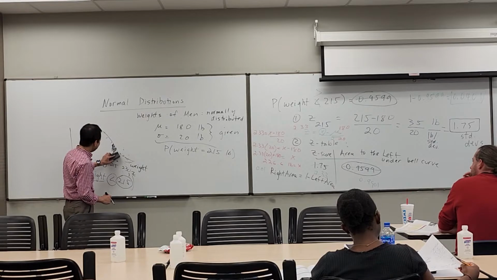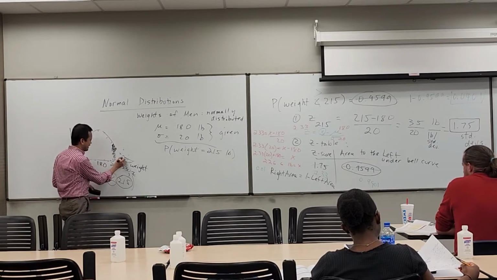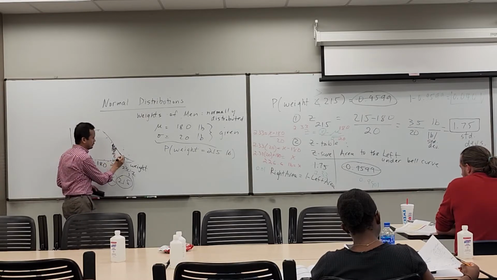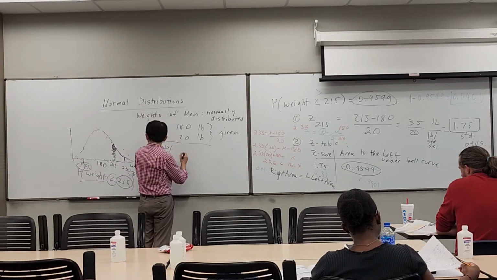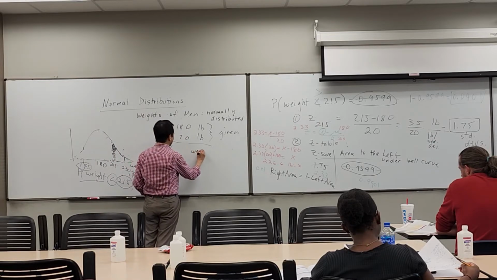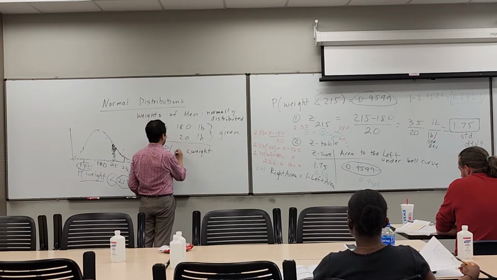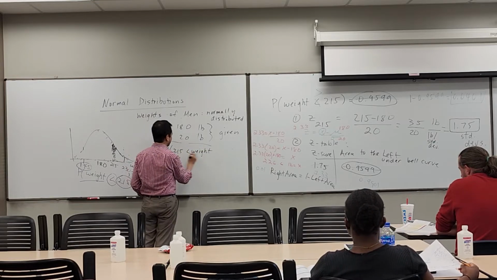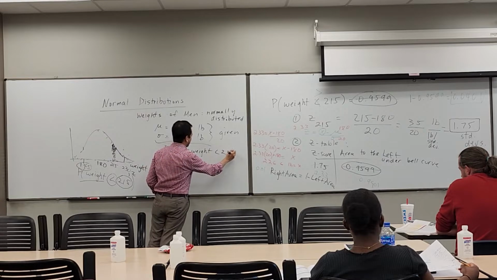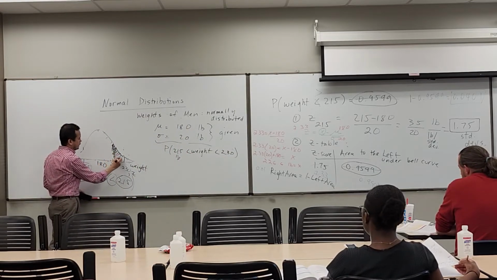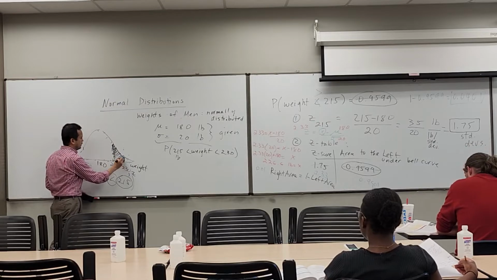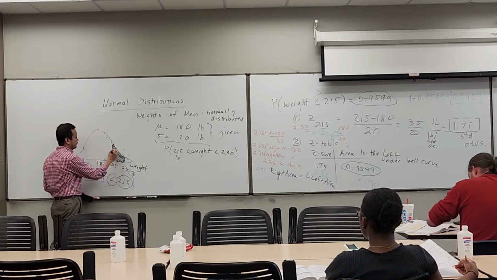Okay. So if I had asked, forget this for a second, what's the probability that a man's weight is somewhere between 215 pounds and 230 pounds? That was one of the questions we did last time. And we equated this idea of a probability to the idea of an area.